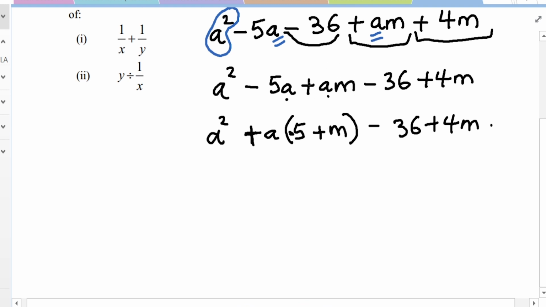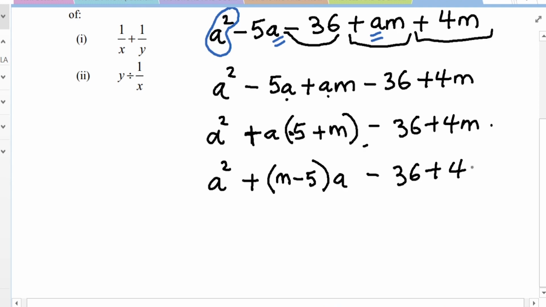Then am, divide that by positive a, I ended up with positive m. So it means this is a squared, plus, let me put that a at the end here. So it's going to become m minus 5, like that, times a, minus 36 plus 4m.